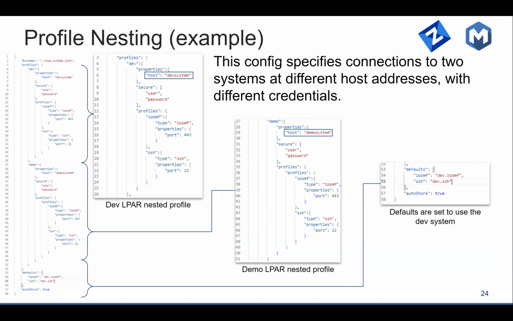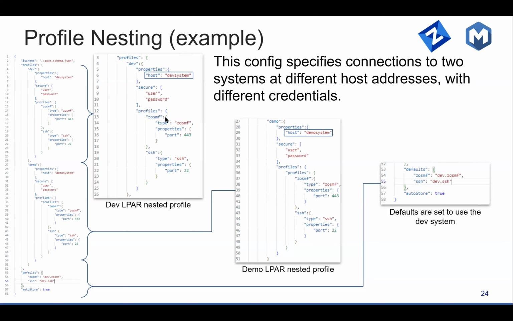So here we have a sample nested team config with a few sections zoomed in. In this case, I have an internal development system that I use for just general development work, and I also have a system that I use for performing demos. And on these systems, I have different credentials.